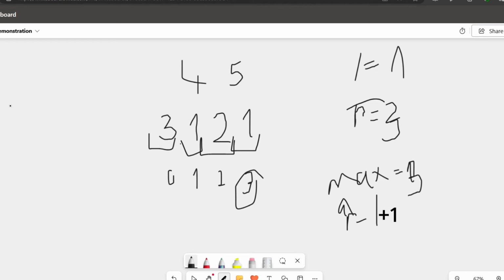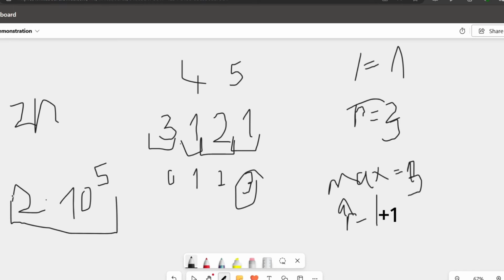So that would be 2n. So that would be 2 times 10 to the 5th complexity, which would definitely be within our bounds. And since, in competitive programming, 2n is literally just equal to O of n.